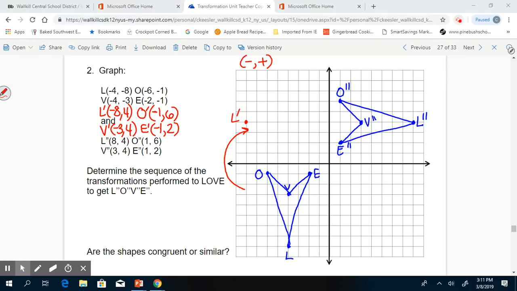L prime. O prime is -1, +6, so left 1, up 6. V prime is -3, +4, so left 3 and up 4. And E prime is -1, 2, so left 1 and up 2. Connect your points.